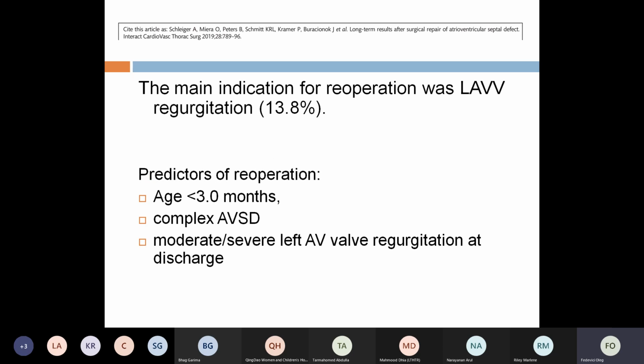The main indication for reoperation, not surprisingly, is left AV valve regurgitation. Predictors for reoperation, at the time of the first operation, are age less than 3 months, complexity of AVSD, and moderate to severe left AV valve regurgitation at discharge.